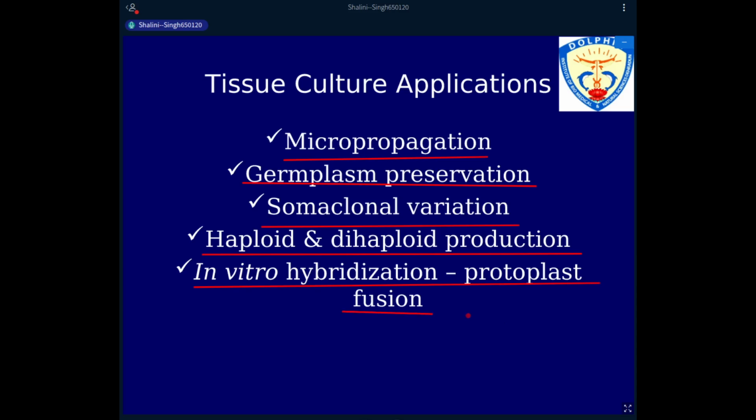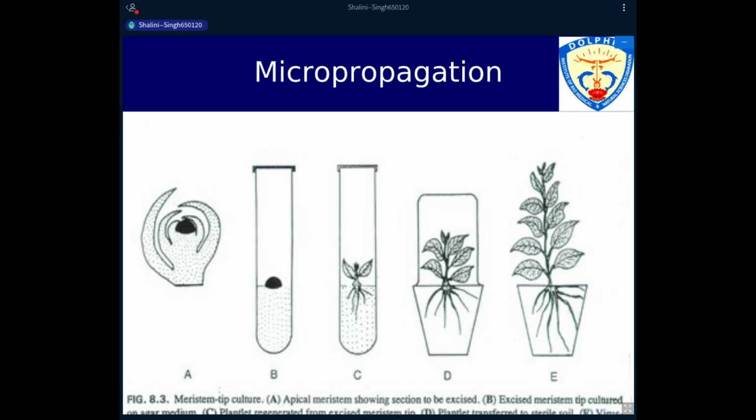On each of these applications, we have a separate chapter and we will be discussing them in detail one by one in our coming lectures. So you have to study micropropagation, germplasm conservation, somaclonal variations, haploid production, and protoplast fusion.